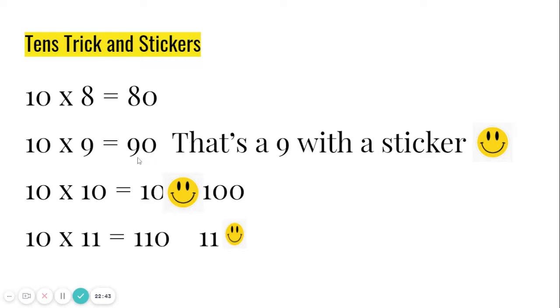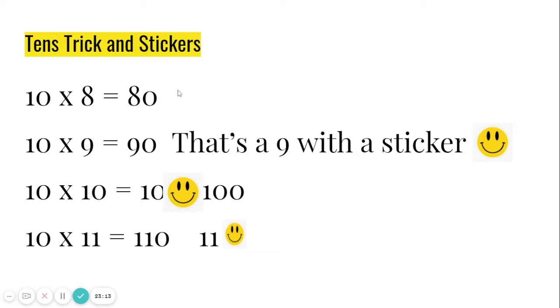That's a 9 with a sticker on the end. Check it out, 9, and think of that 0 as a sticker. 10 times 10, we're going to write a 10 and put a sticker on the end. So think of it as 100. 10 times 11, we're going to write the 11 down and put a sticker on the end. See, that's 11 with a sticker. Now, the fun thing is that if you multiplied times 100, let's say 100 times 8, we would just put an 8 and 2 stickers.